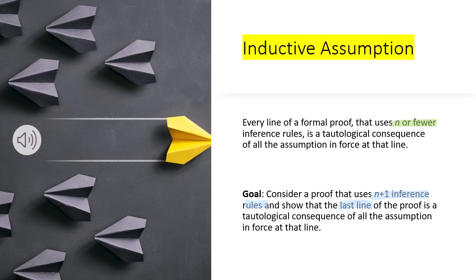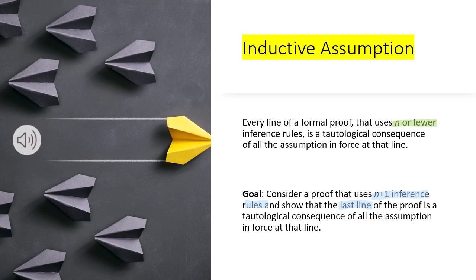And it's sort of like dominoes falling over. In the base case, we showed that when n was equal to 1, this was true. So for proofs that applied one rule, this statement held. And then if we prove this inductive assumption, then we'll also know that proofs of length 2, if we apply one more rule, still have this property.